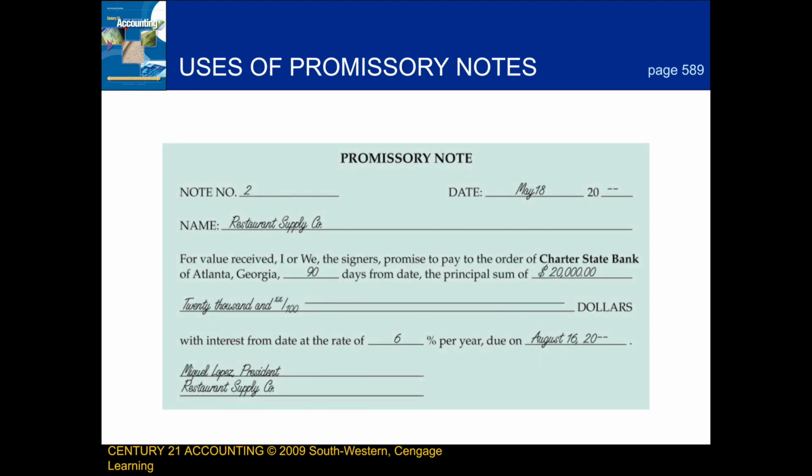So what we're looking at here is an example of a promissory note. And the different numbers are showing us the different parts of this promissory note. So number 1 is showing us the number of the note.